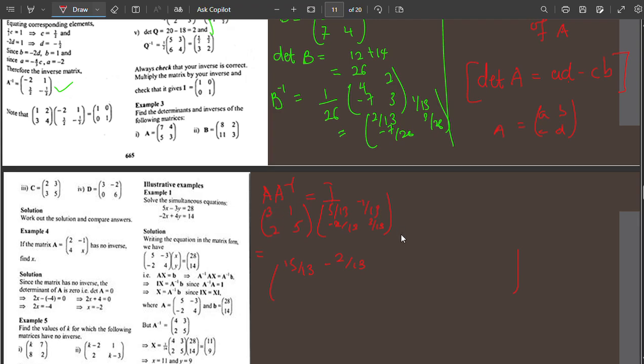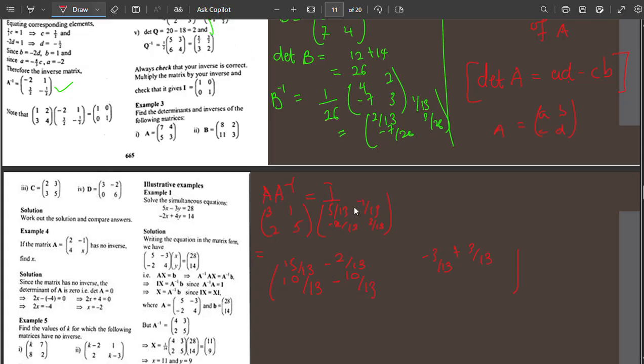3 times this, that's minus 3 over 13. Then 1 times this, that's plus 3 over 13. 2 times this, we have 10 over 13. This times this, that's minus 10 over 13.